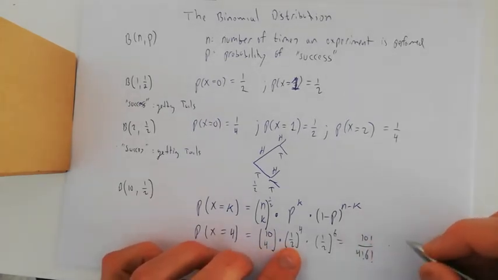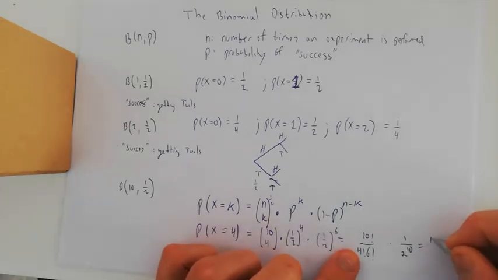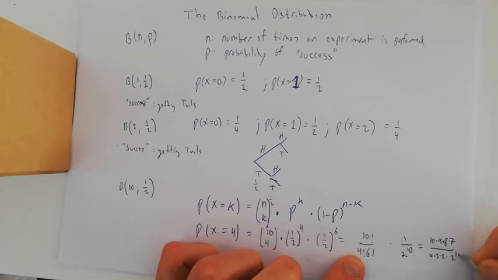If we want to calculate this, this is of course 10 factorial over 4 factorial, 6 factorial, and here we have 1 over 2 to the power of 10. This gives 10 times 9 times 8 times 7 over 4 times 3 times 2, times 2 to the 10. So 4 and 2 cancel with the 8, the 3 cancels with the 9 to give a 3.